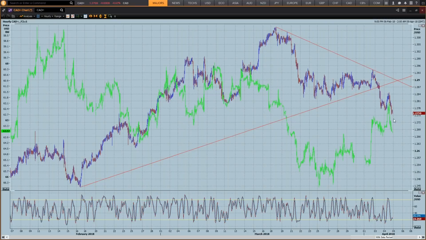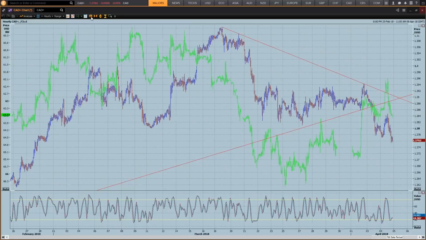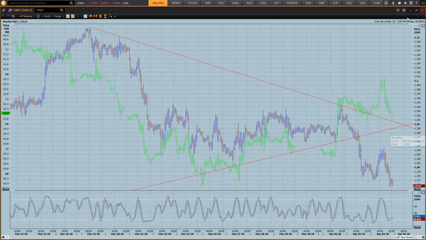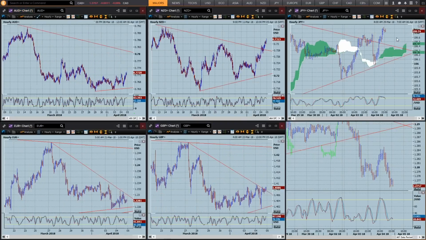And because dollar CAD is quoted with the US dollar as the base, I need to flip the oil upside down so I can see visually what's going on. So if I start to see those green bars going down, well, then dollar CAD should go lower. And as you can see, you'll see how this correlation works very closely when you overlay it on the chart. Once again, you can't do that on your standard MT4.